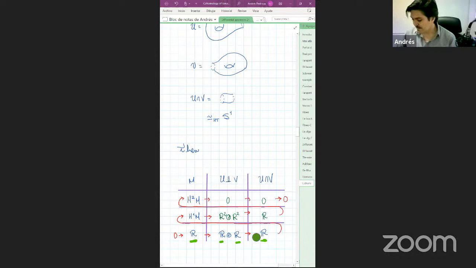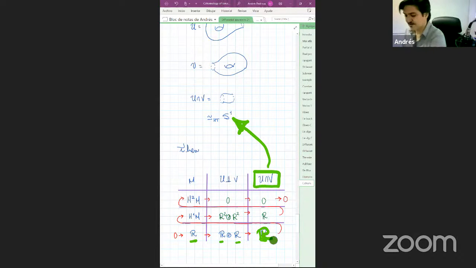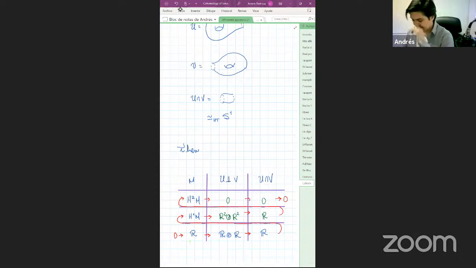Now, the next step where we use a connectedness argument is this one here. This is connected. Not only do I put this R here, but when U intersection V is connected, the long exact sequence of the Mayer-Vietoris simplifies.